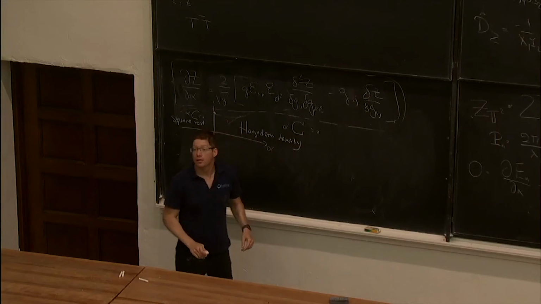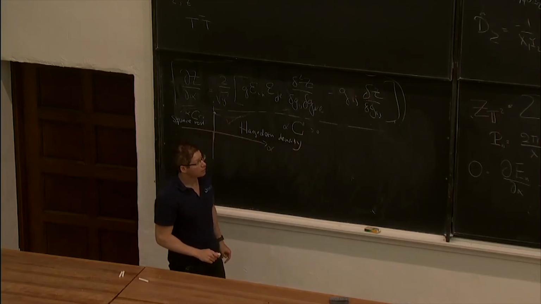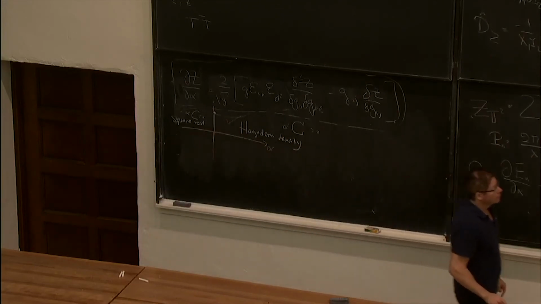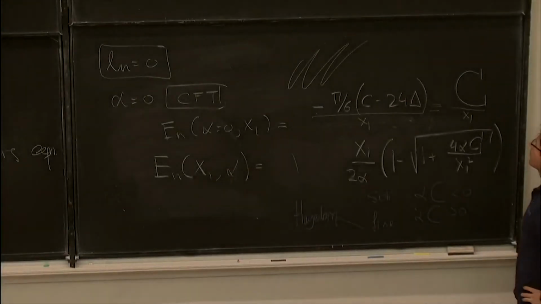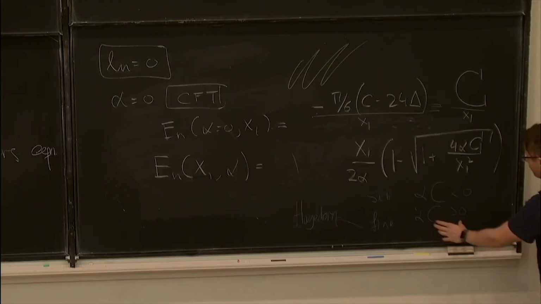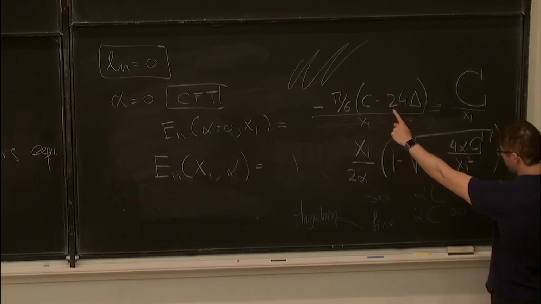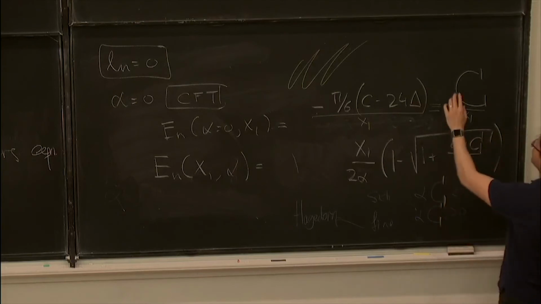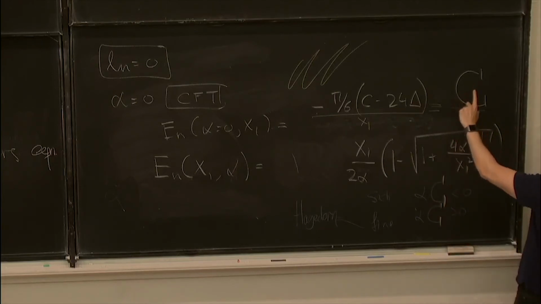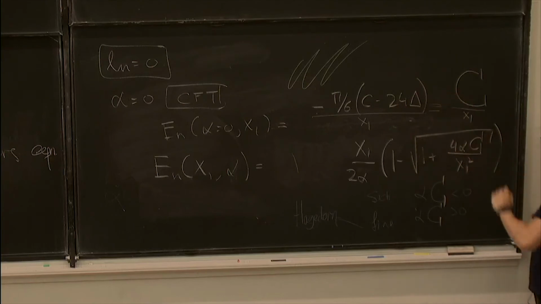Does the sign of C depend on energy level? Here? So C is like, large C is C minus 24 delta. So it seems that you have delta which is 24. Right, so in this convention, capital C is positive for generic delta.